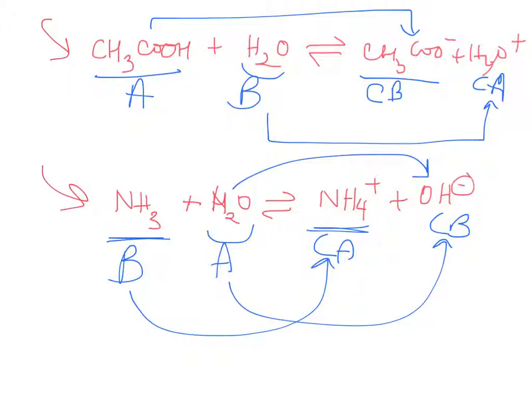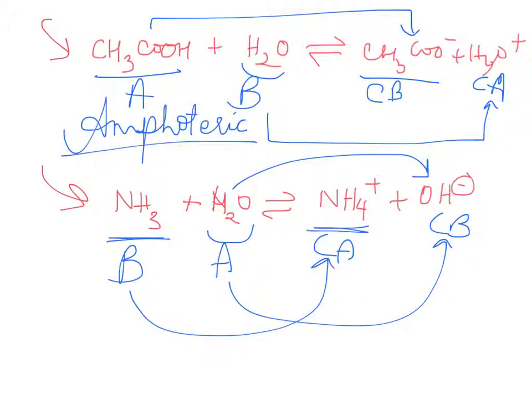It can act both ways, as an acid or a base, depending on what you put it with. Such species are also called amphoteric in nature. So just like amphibian is for something that lives in both land and water, amphoteric is for when it can exist as an acid or a base, depending on what you put it with. All right.